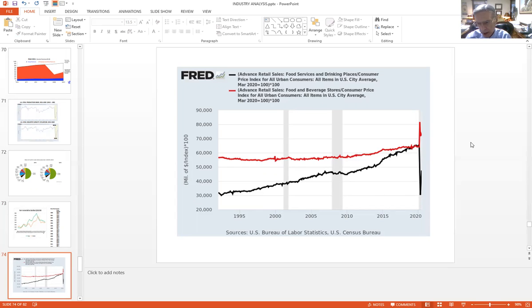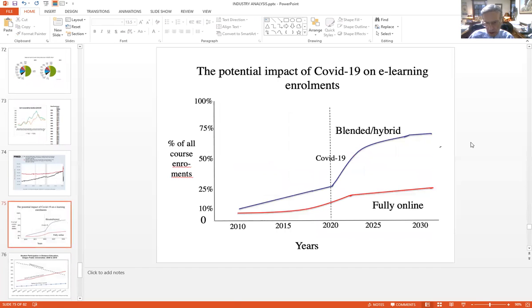And the black line is the commercial establishment. You can see what happened to food service there as opposed to food service at home, which is the red line. It's not food service, but rather groceries consumed at home. But what a difference in consumption of foods in the United States.